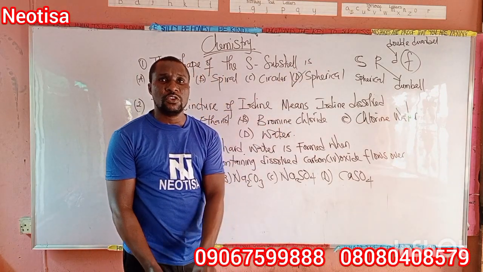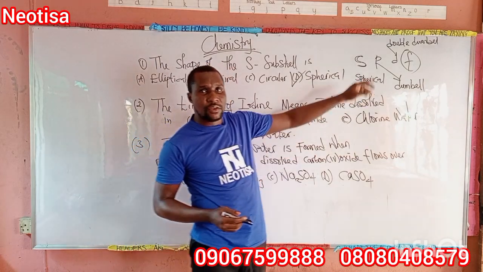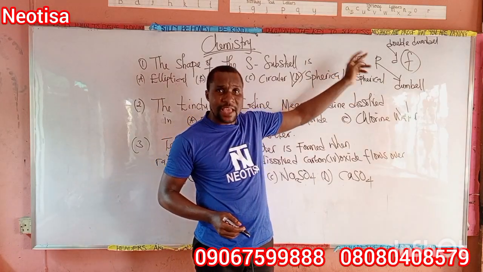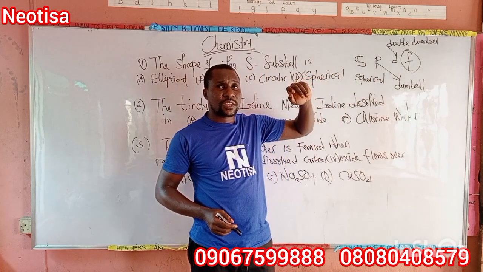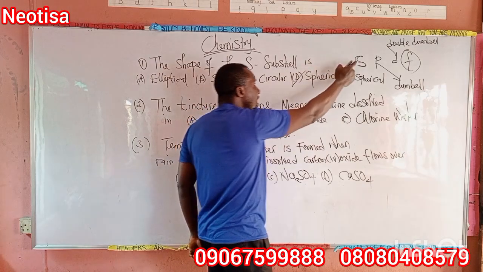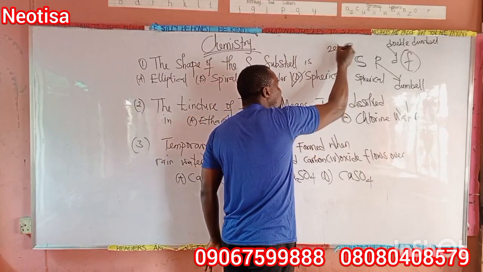Take note of this also. They can ask you how many electrons can be found in P subshell, in S, in D, in F subshell. In S subshell, the number of electrons is 2 electrons.